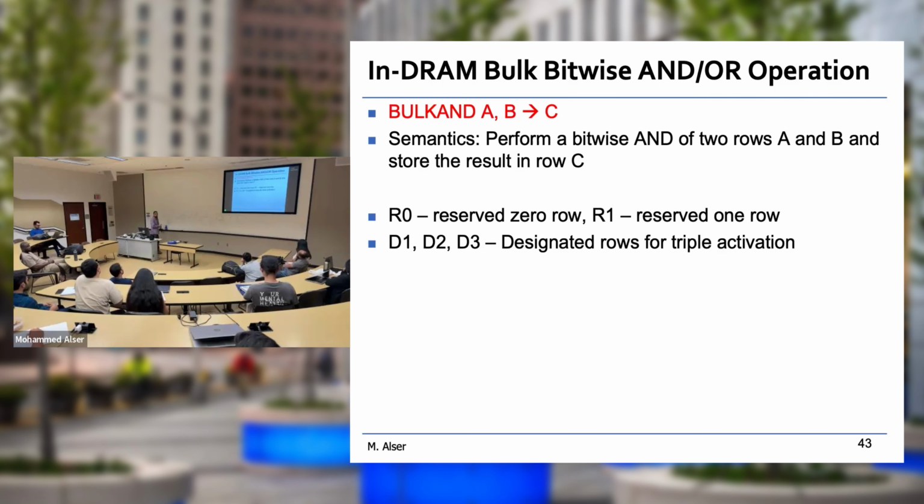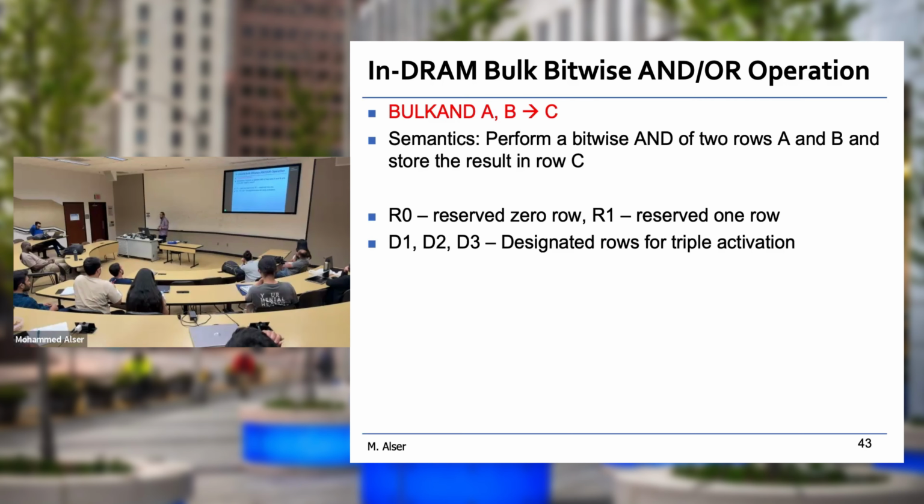Whenever we activate that row, every time we read a bit from that row, it will be 0, so that the other 2 rows perform the AND operation. So every time I activate this row along with the other 2 rows, one of them will be 0, the rest will be A and B, and this is how I perform the AND operation along the entire row.